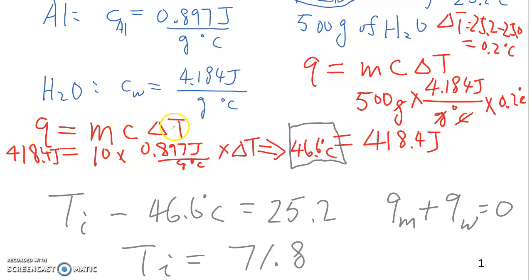The way I did it, I knew that the initial temperature was higher, so I used 25.2 and added 46.6 to it. If you think like a mathematician, you always have to put in this equation: Q of water should be equal to negative Q of metal. If you put that in, you're going to get this same result. You don't have to worry about the signs.